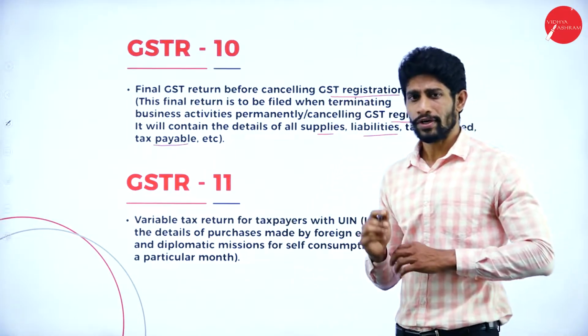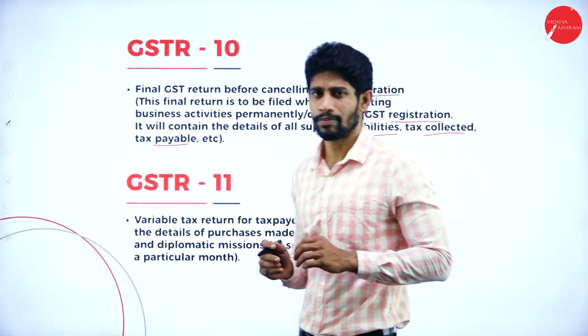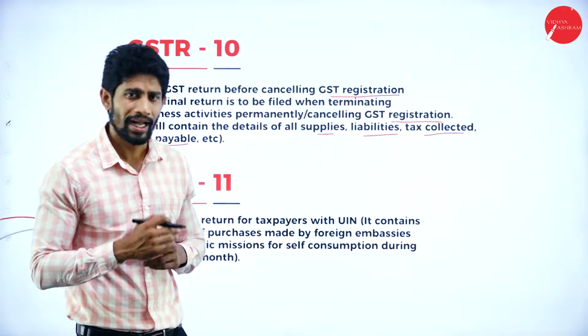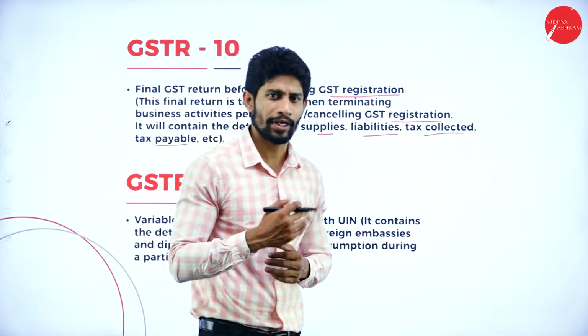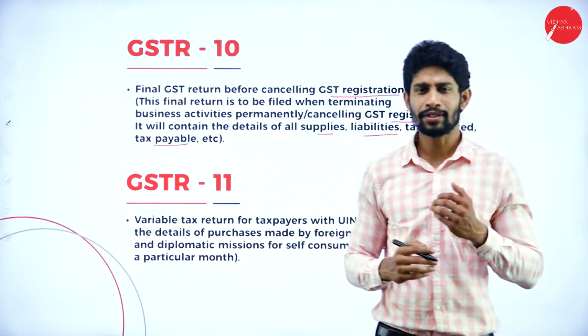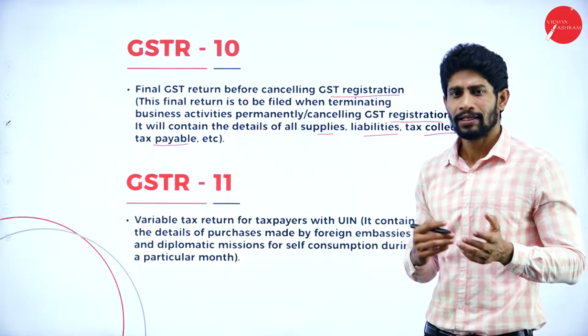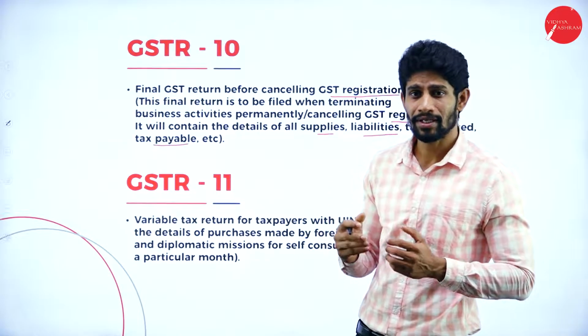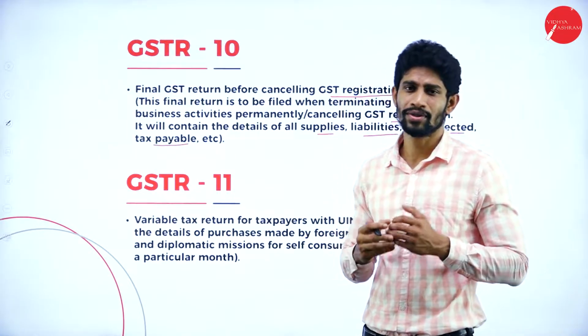Yes, what we will do, we are going to register under the GST purview and we continue our business for the next 2 or 3 years. So after 3 years, what will happen? That business owner is not able to run the business due to his financial constraints or some other issues.